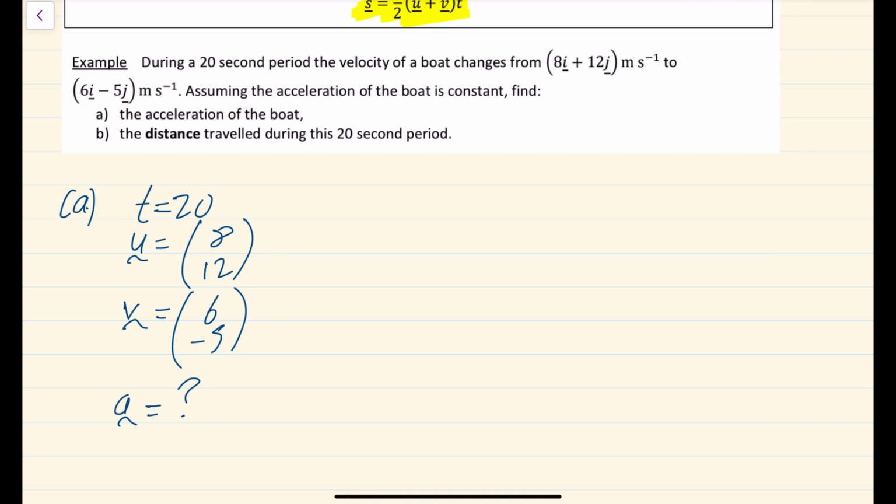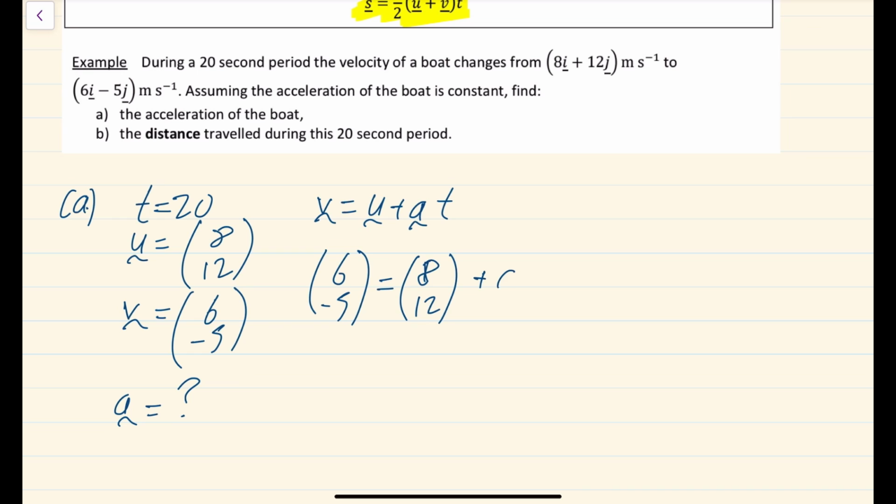So in this one, we're going to write down vector v is equal to vector u plus vector a times t, and then we'll just fill it in. So that's 6, minus 5, my vector v. My vector u is 8, 12, and then that's plus my a times my t, which is 20.